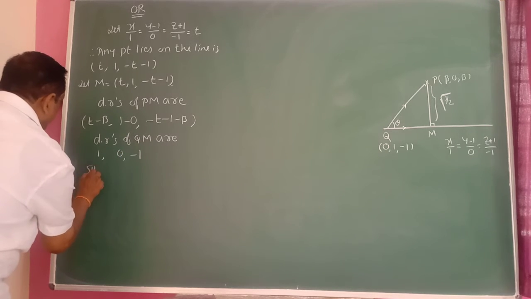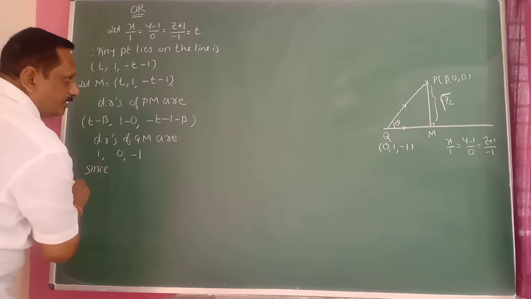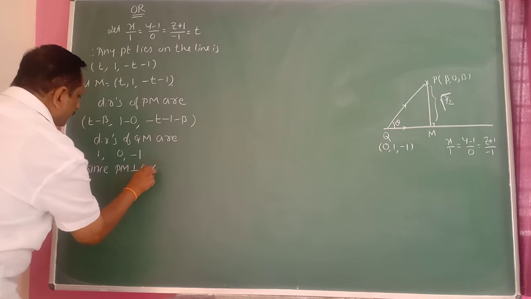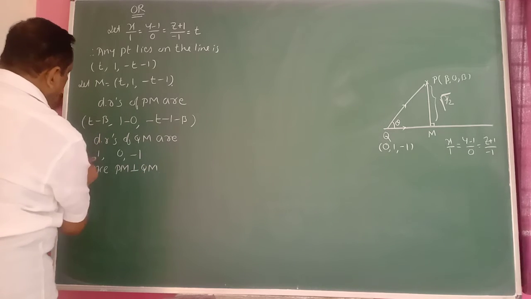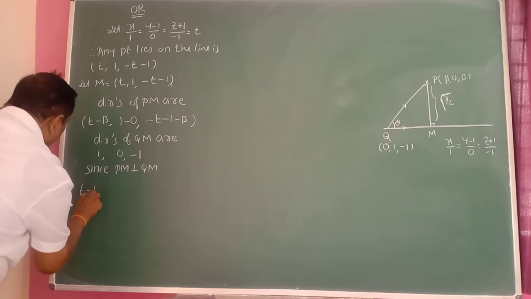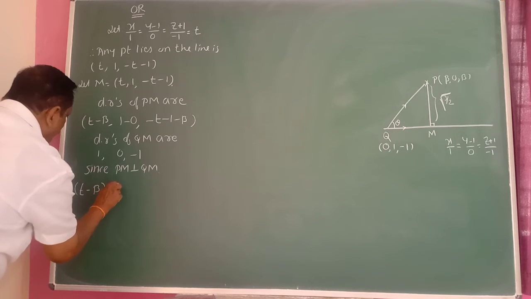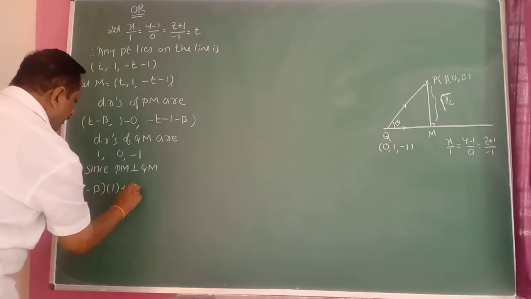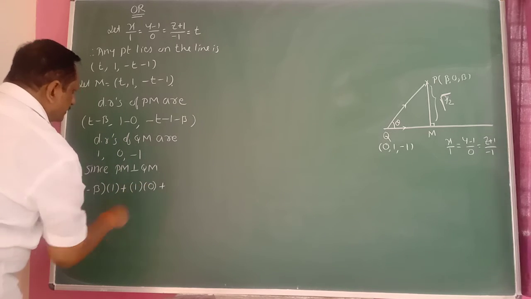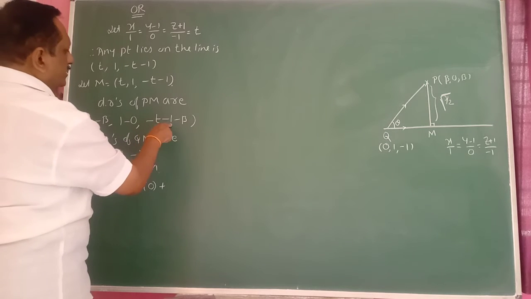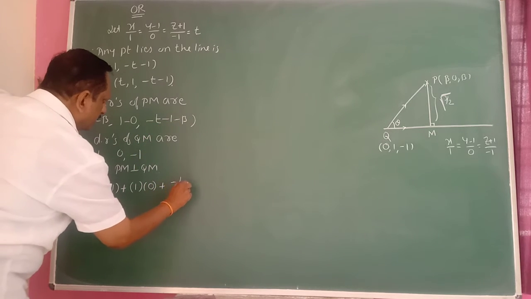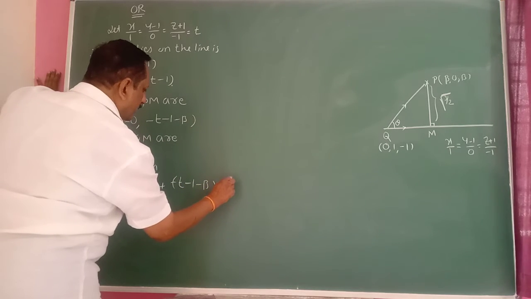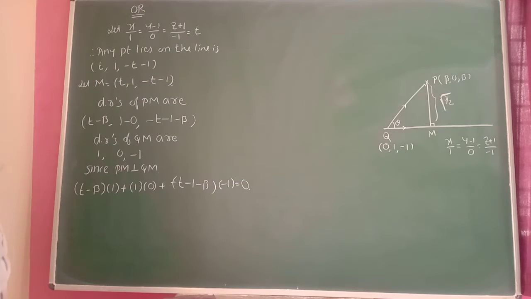Since PM is perpendicular to QM, therefore (t minus beta) into 1, plus 1 into 0, plus (minus t minus 1 minus beta) into minus 1 is equal to 0.